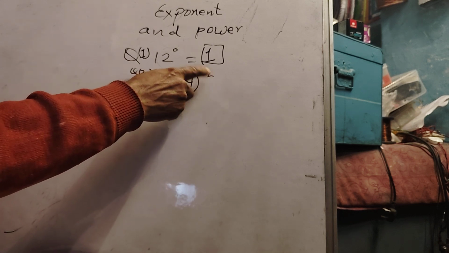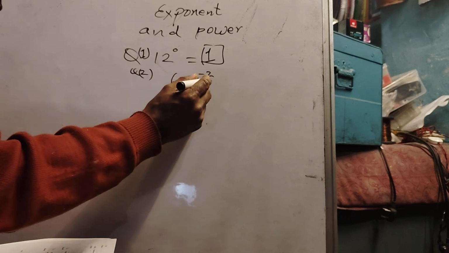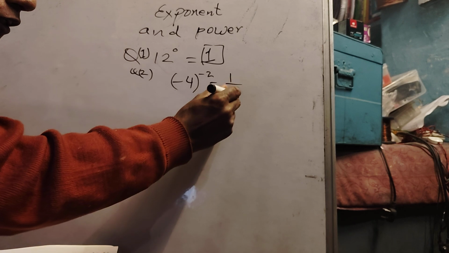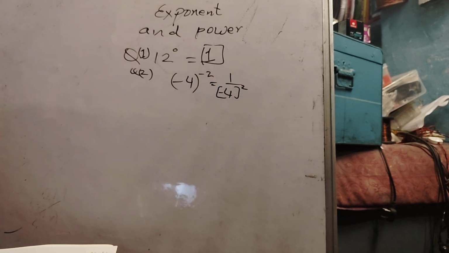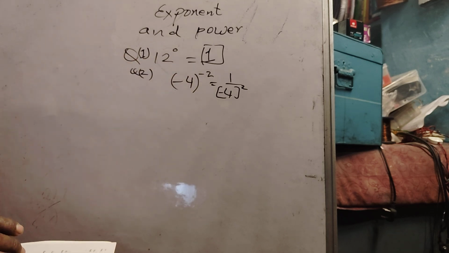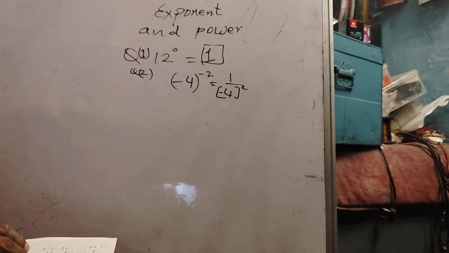This power minus 2 is negative, so we first convert it into positive power. So first we write 1 over (minus 4) power 2. From the numerator side we change it into the denominator side, and the power sign will change, so the power becomes positive.